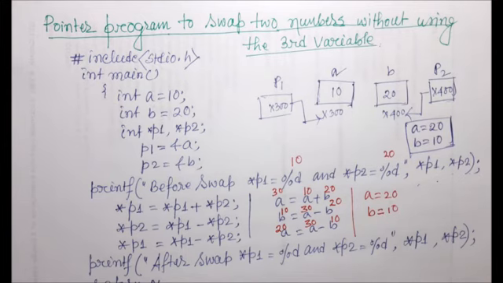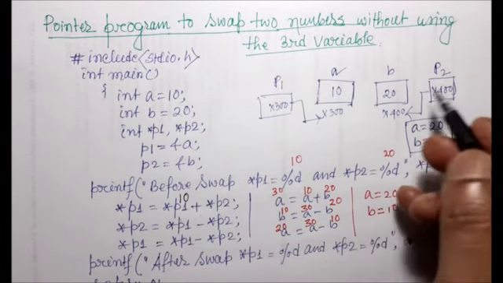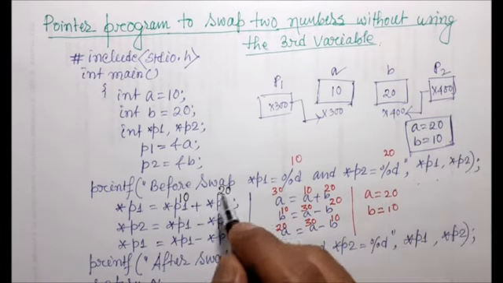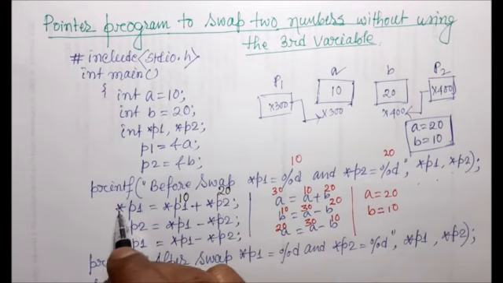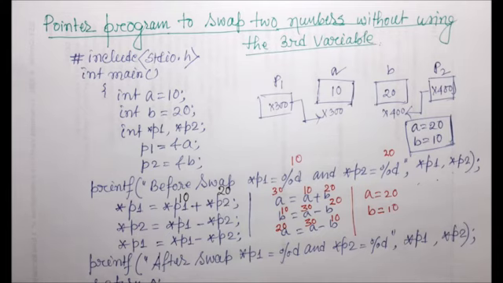Now I just applied the same logic here, but using pointers. You know that value at p1 means, what is the value of p1? It will print value of p1 is 10, value of p2 is 20. After this line, we already know that we can change the value by using a pointer.